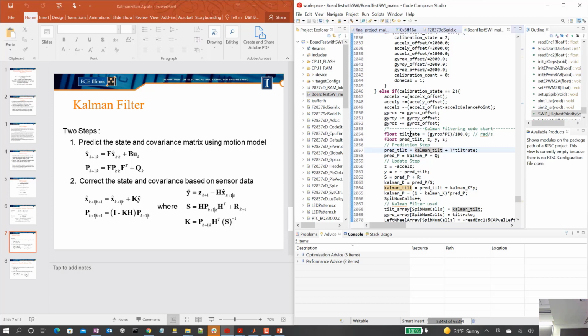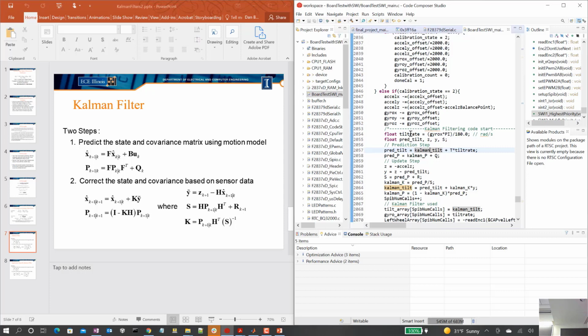Now it's interesting, with this accelerometer, we can read the accelerometer every 1 millisecond. So we're actually doing the prediction step and the correction step every millisecond. The Kalman filter doesn't require that, but we can in this case, just because we're getting those readings at the same rate. Okay, so I've got my prediction step.